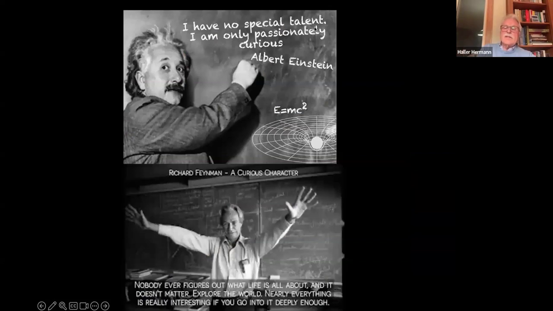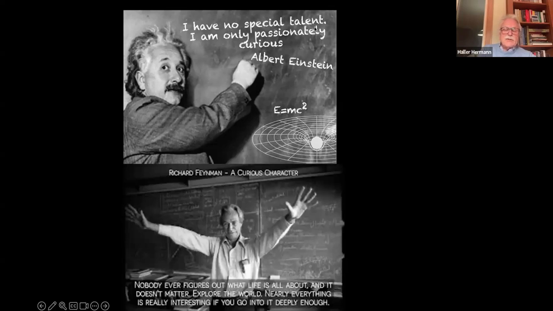So this is Albert Einstein. I don't know anything. The only thing I know is that I'm curious. And this is why I found these astonishing things. And then closer to home, Richard Feynman, whom I admire very much. Nobody ever figures out what life is all about.